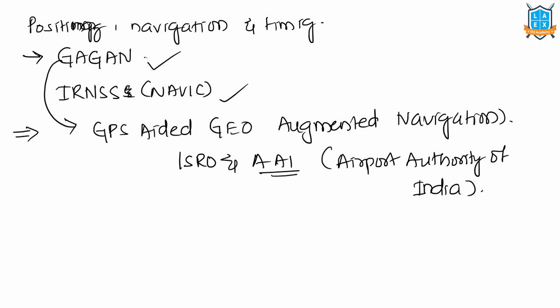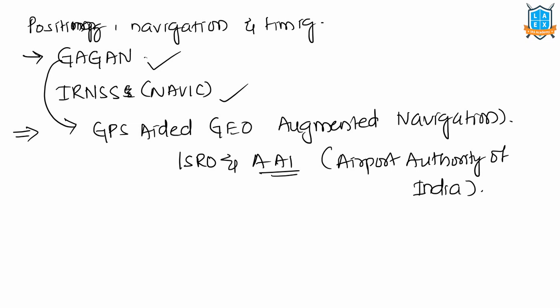The main objectives of GAGAN are to provide satellite based navigation services with accuracy and integrity, which are basically required for civil aviation applications, and to provide better air traffic management over Indian airspace.